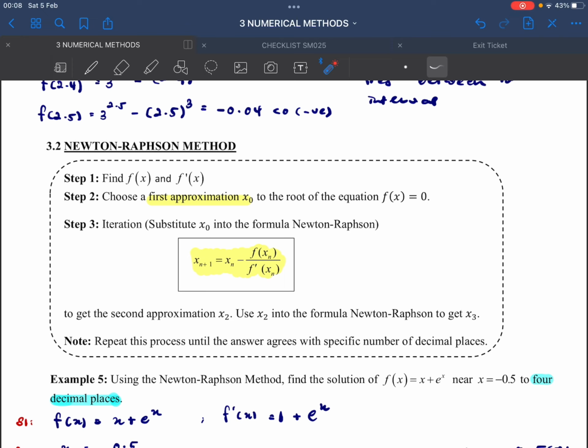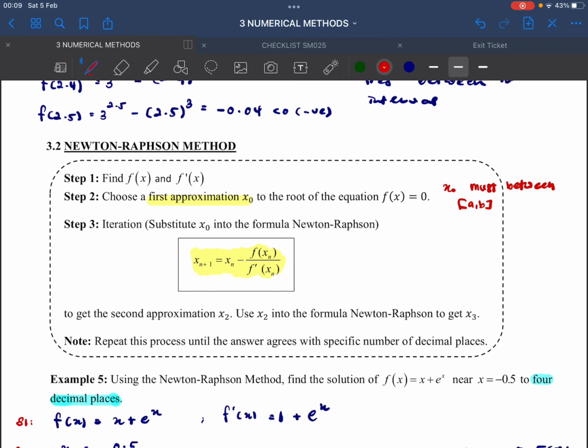The first thing is to write your f(x) and f prime(x) so that it's easier to write your formula. The second step, choose a first approximation, your x0, which must be between A and B. If the value is given to you, then it's easy.